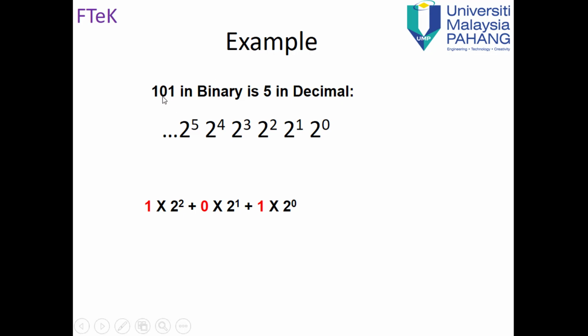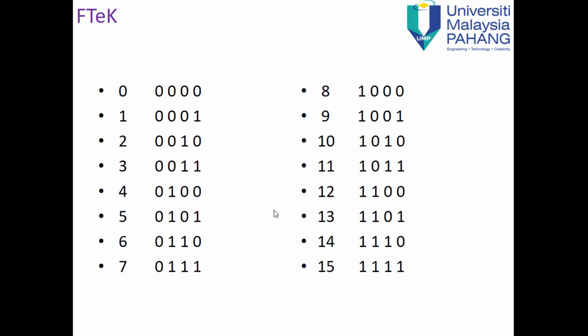Then the 0 is 0 multiplied by 2 power 1, plus 1 multiplied by 2 power 2. So here we have 4 plus 0 plus 1, and the result is 5. This is basically how we convert from binary to decimal.